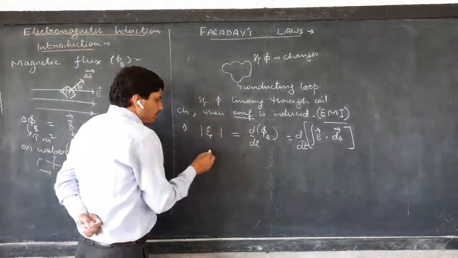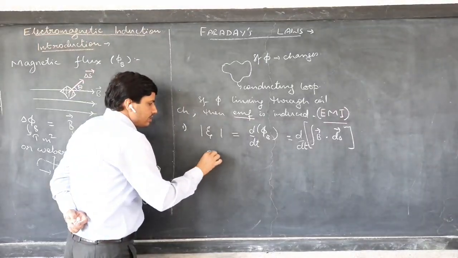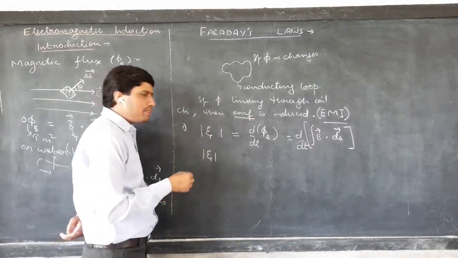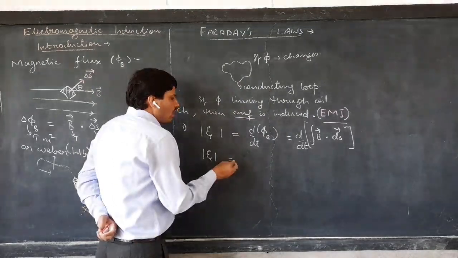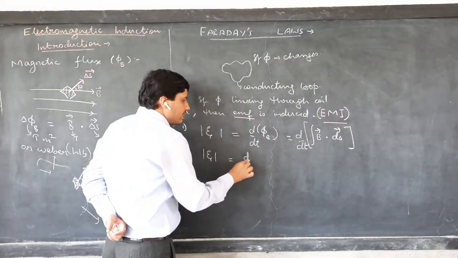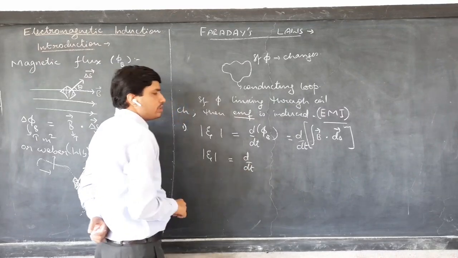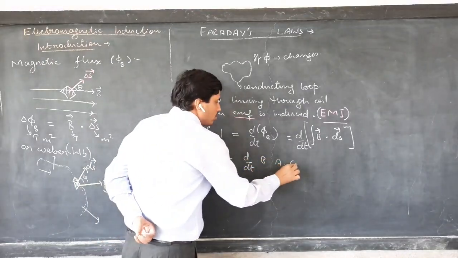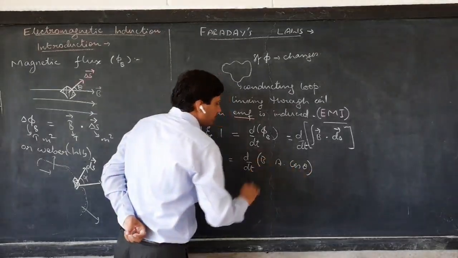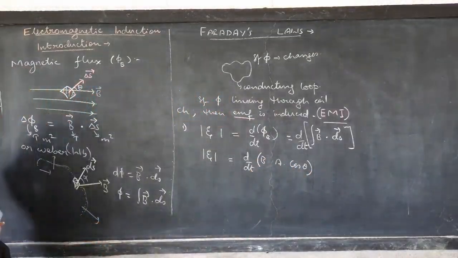So let me take some specific example. If the magnetic field be uniform, or even if it is not uniform, I can write it like this: d by dt of B times A times cos theta. Now what is B?